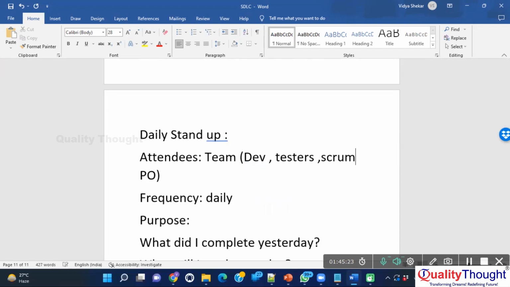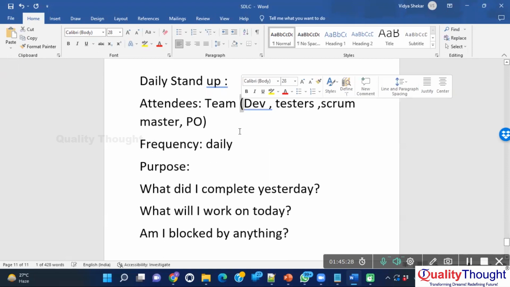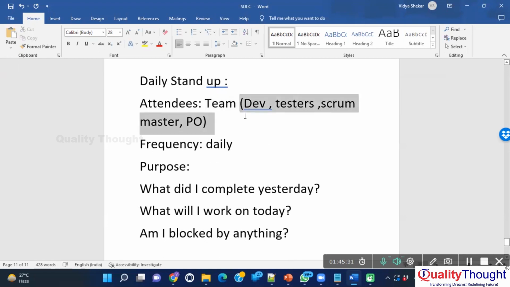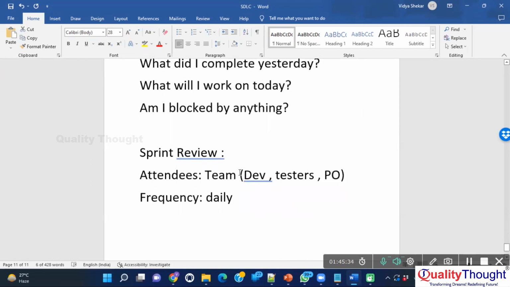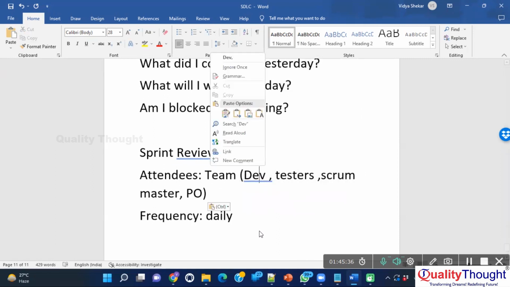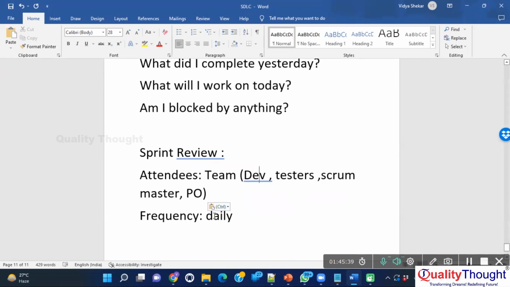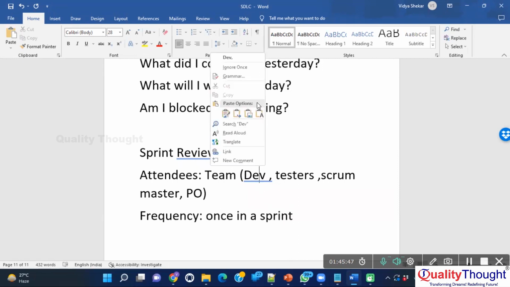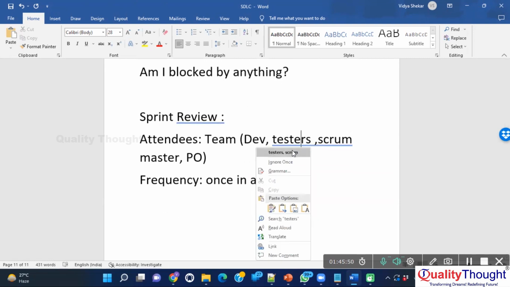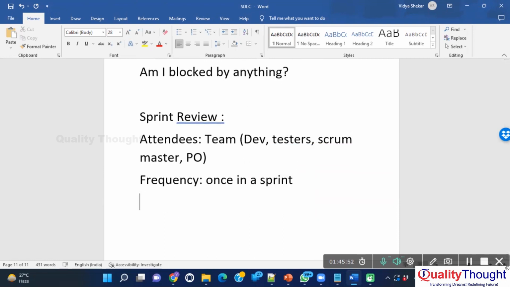Remember, he is going to arrange all of this. Frequency is only once in a sprint, and duration is generally 1 to 2 hours.